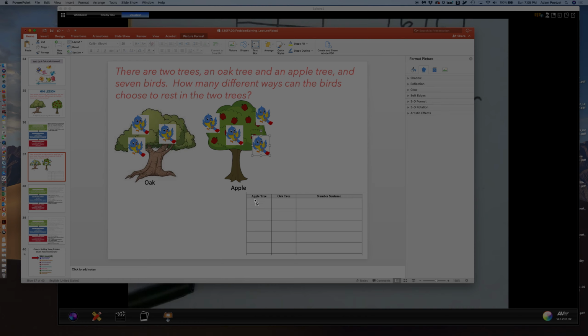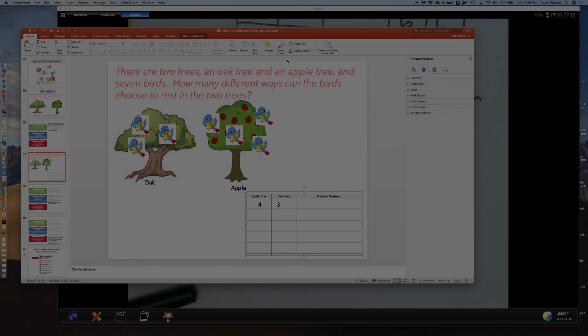Each kid is going to get a chart. So for example, they might write there were 4 birds in the apple tree, and I should have aligned the apple and oak tree in the same order as the worksheet. When I made this slide, I didn't think about that, but that stuff matters. It would be better to have the graphic organizer aligned with the worksheet, so sorry I didn't catch that earlier. And in the oak tree, there were 3.